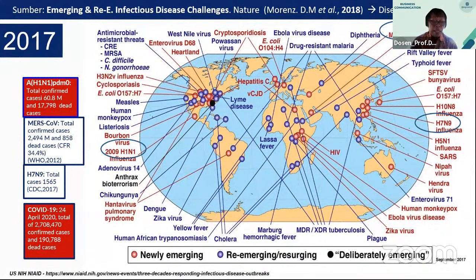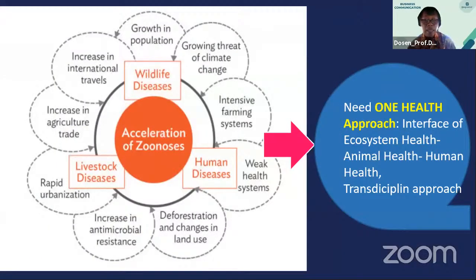For emerging infectious disease, I would like to introduce to all of you how the disease accelerates from time to time. We know there is a connection between wildlife disease, livestock disease, and human disease.